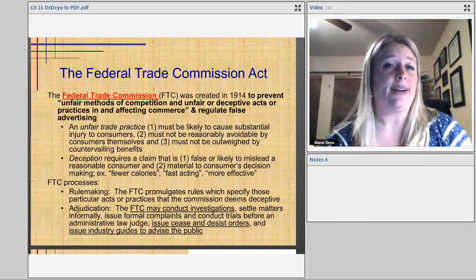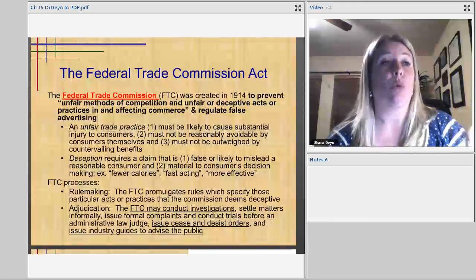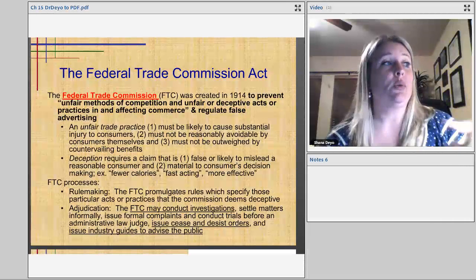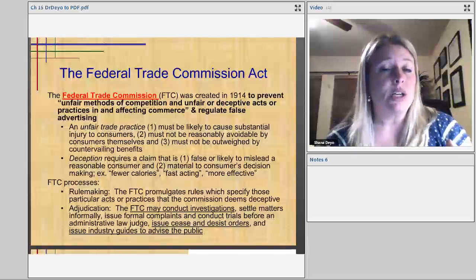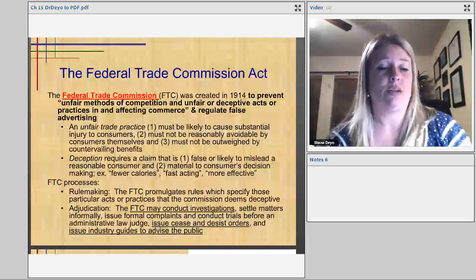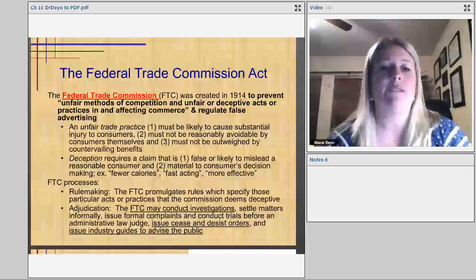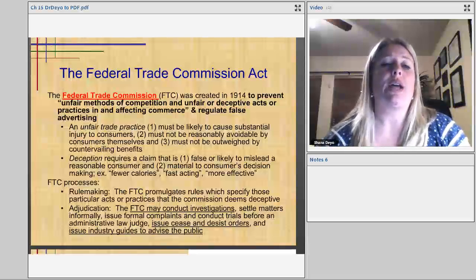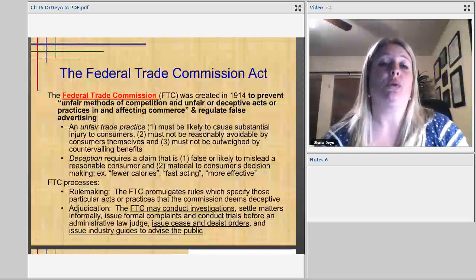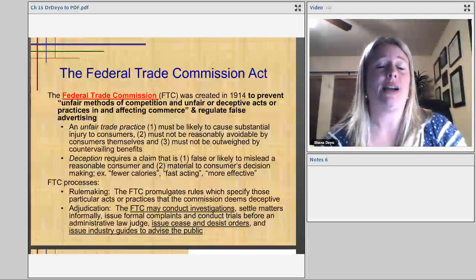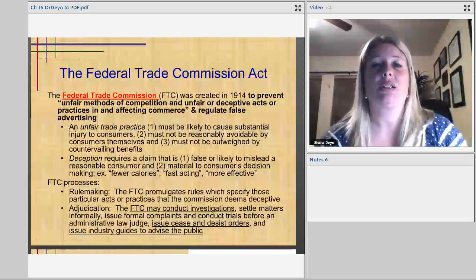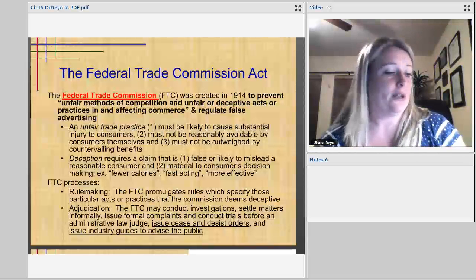That has to be verified, documented, supported by doing some actual studies to show that the calories are going to be less and the sugar is going to be less. They cannot say it if it's not verifiable. So fewer calories actually has to mean there are fewer calories. Fast acting actually has to mean that in a scientific test there has been a faster acting product for them to put that on there.